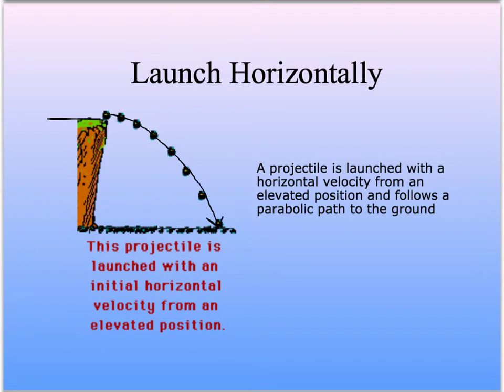Now again, in the horizontal, there won't be any acceleration, so the horizontal velocity will be constant. In the vertical, there will be an acceleration, which will be equal to 9.8 meters per second squared.